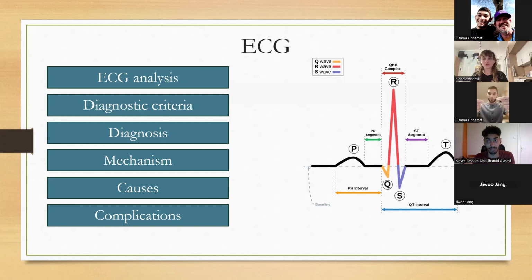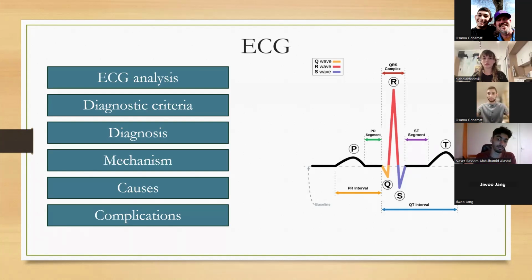Once you write the diagnosis, okay, I have first degree AV block, let's say, write the mechanism, what is happening in first degree. Write the causes of first degree AV block, and what type of complications of first degree. So this is very useful.